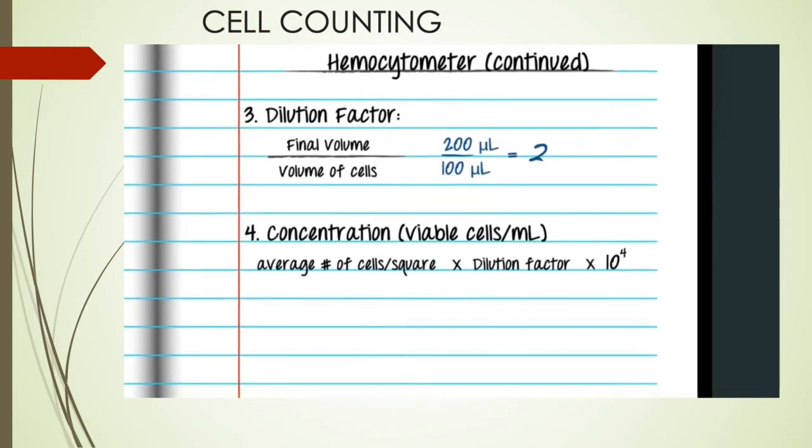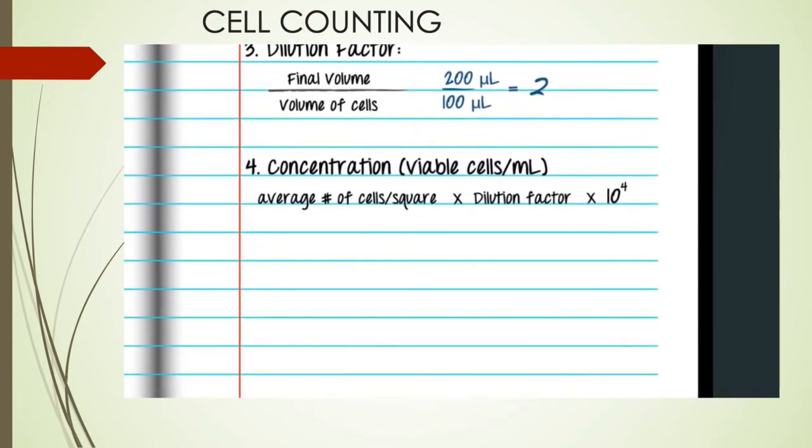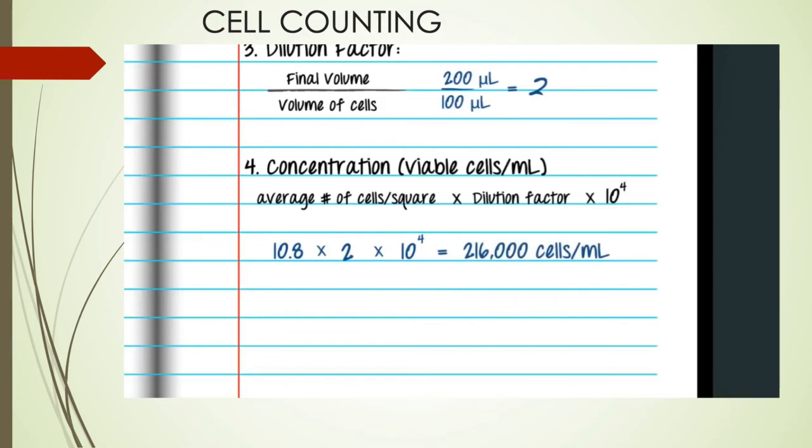Next, we need to calculate the concentration of viable cells, the number of living cells per milliliter. Our average count per square is 10.8. The dilution factor is 2. 10.8 times 2 times 10 to the fourth power equals 216,000 cells per milliliter.